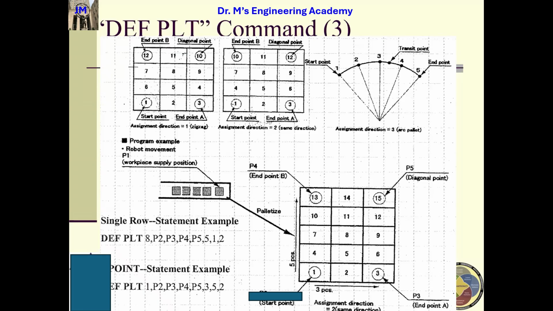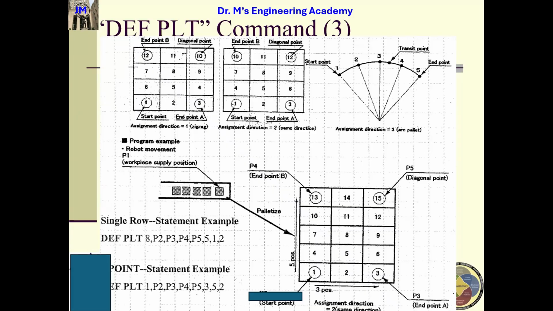Pay attention to what I say, okay? For this single row, I want you guys to write down: for the single row, the first point and third point are identical.